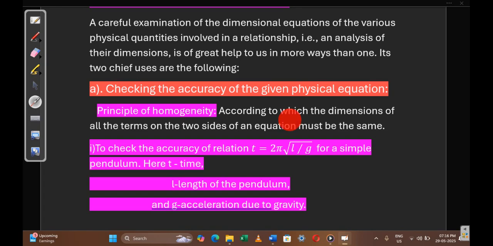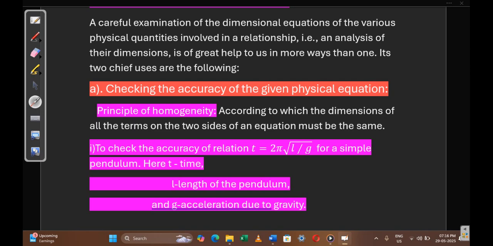We can't add velocity to mass, and we can't subtract velocity from mass. So both sides of the equation, that means LHS and RHS, must have the same dimensions. Then only we can add the physical quantities. This is the principle of homogeneity.